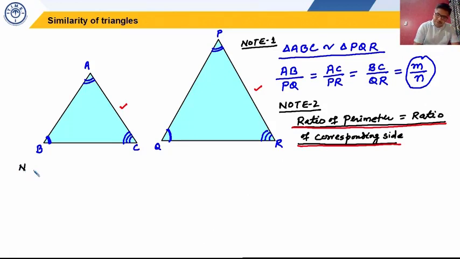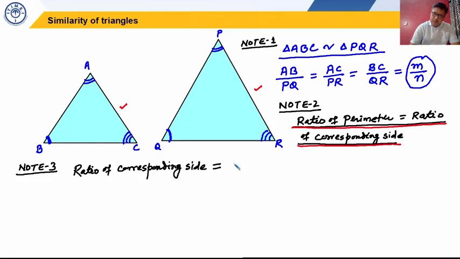Now, note 3. Can I say the ratio of corresponding side is equal to ratio of corresponding median, because in every triangle we have three medians AD, BE and CF. Similarly, we have PX, QY and RZ.